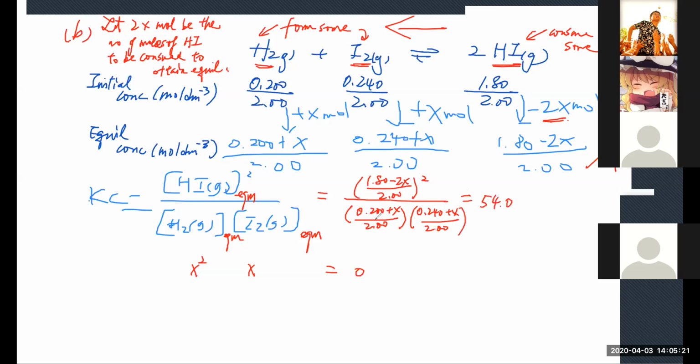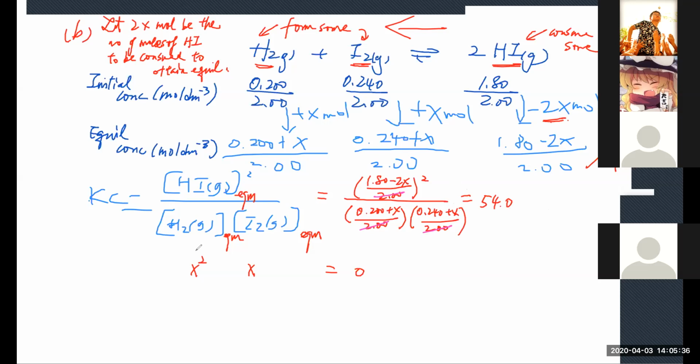Now, do not be so excited to proceed. Try to take a look at that 2x, 2.00 term. All those can be cancelled out. So you start from these equations to continue.